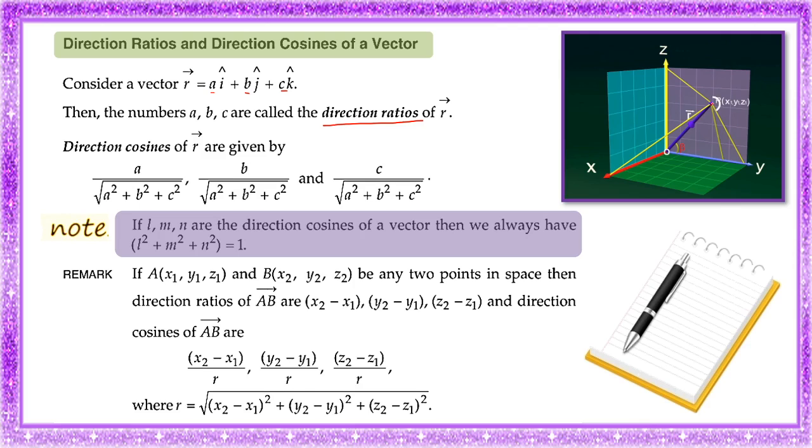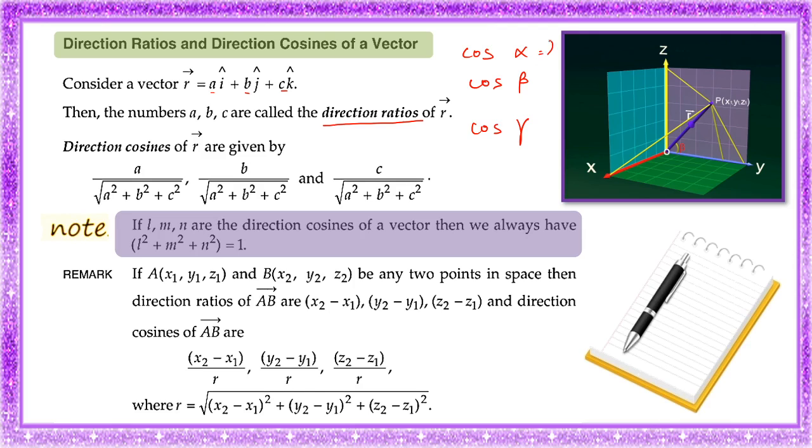Let's take a point P, any point in space, and now if we make a position vector from the origin, then definitely all three axes are going to make certain angles with this position vector. Let's call those angles alpha, beta and gamma. These three angles are called direction angles. And when we take cos of them, cos alpha, cos beta and cos gamma, they are known as direction cosines.